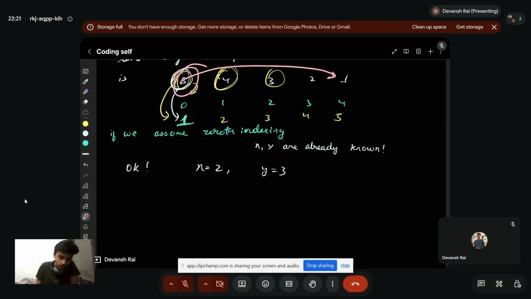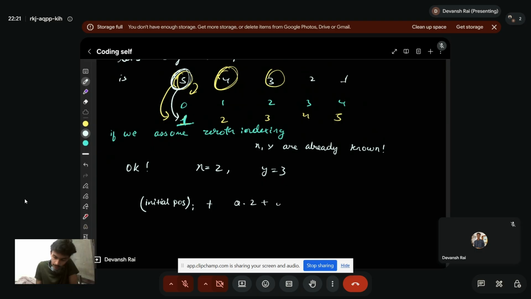In order to do so, the initial position of the ith element plus a linear combination of a times 2 plus b times 3 will result in its final position, right? That's what we want to do.